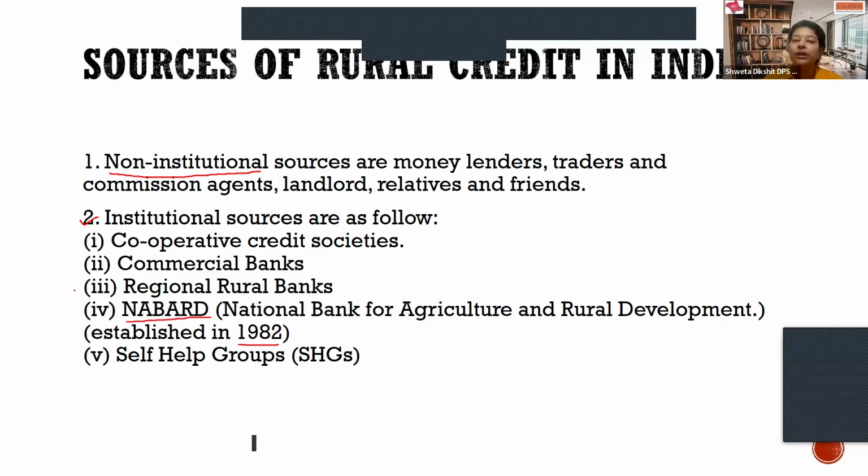It comprises cooperative banks, commercial banks, and regional rural banks, which are very commonly known as RRBs. And then the last, not mentioned on this screen, are land development banks. They are not that common and prominent, but yes, they do exist under NABARD.